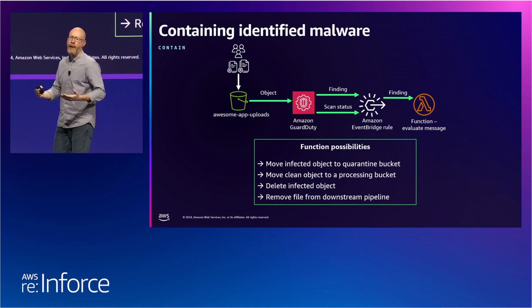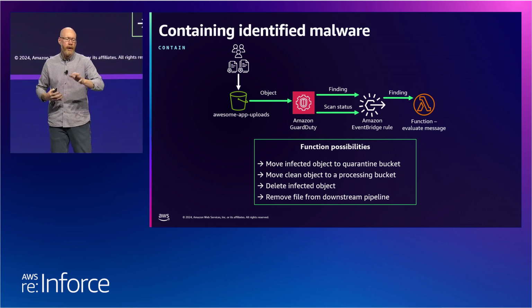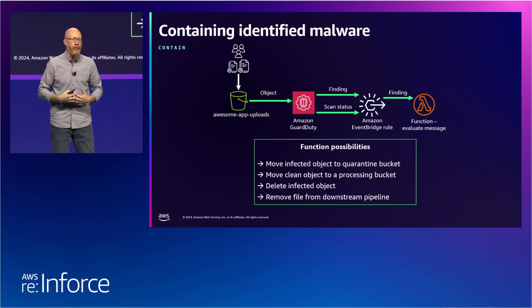And that means that nothing's blocked and everything can continue on its happy path until we tell them otherwise. These are a few approaches you could take to contain that malware and make sure that it doesn't introduce itself further to your employees or end users or to your applications downstream.